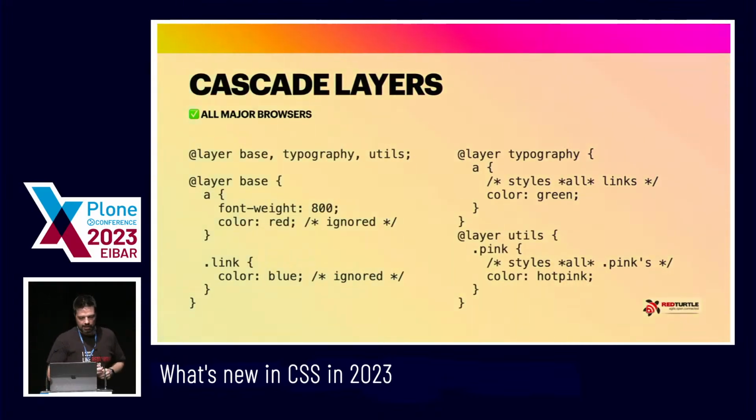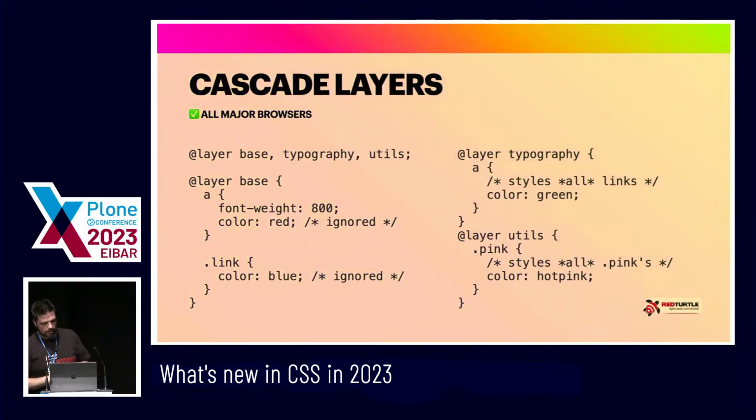So for example, here, and I have the result also in the next slide, in my base layer, I am styling all the links with the red color, all the links with the link class in blue, and then all the links in the typography layer will be green.